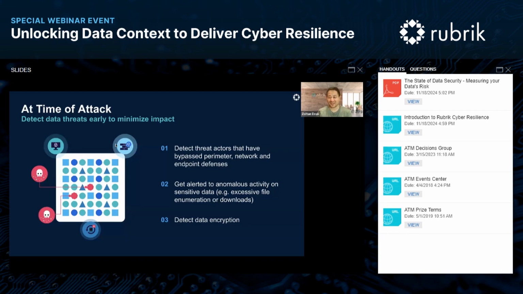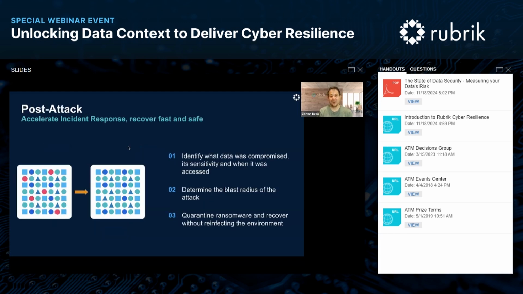So I'm getting ahead of myself. We're getting into now what happens after an attack. So when it comes to recovering from a cyber attack, every second counts, right? The faster you can recover, the less your business is impacted. Good news is we generally know the things we need to accomplish to be able to recover. We need to understand what data was compromised.